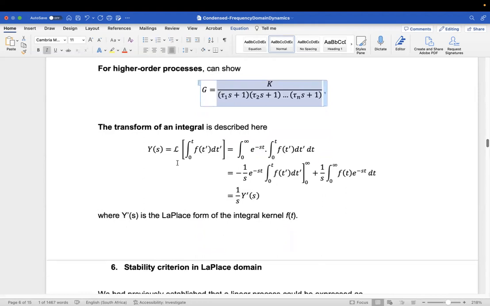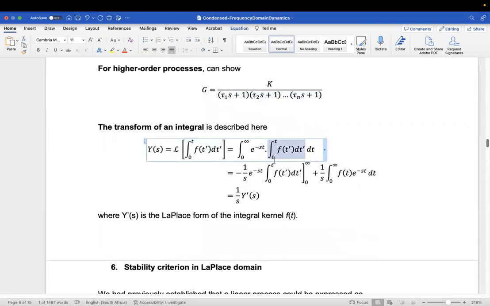And we can also consider integrals. So if we are interested in the Laplace transformation of an integral in t, then we would apply the standard definition of transformation. So it's e to the minus st times the integral here, and all of that is integrated in t.